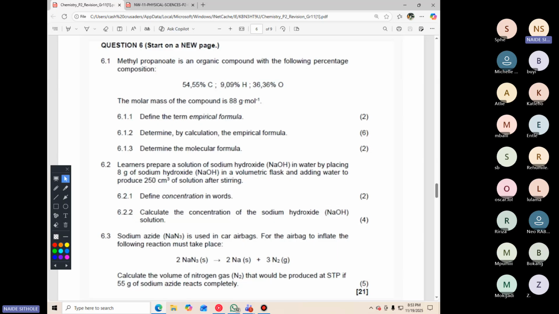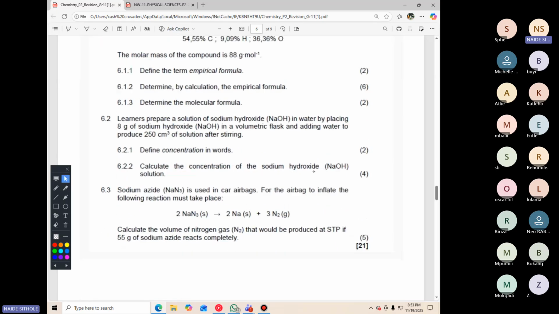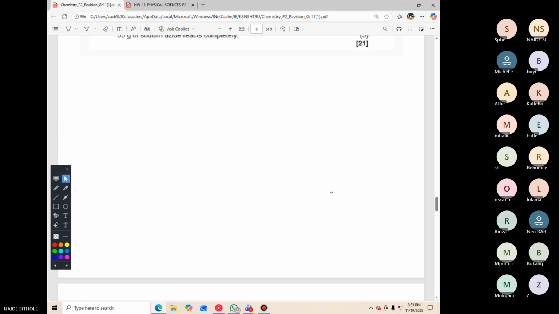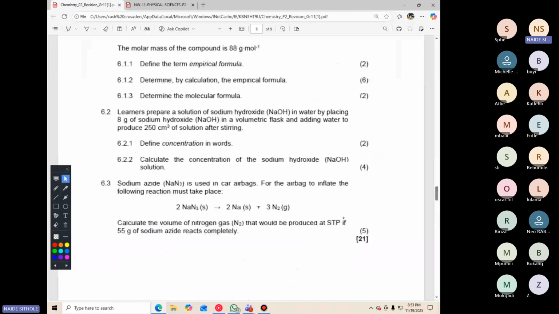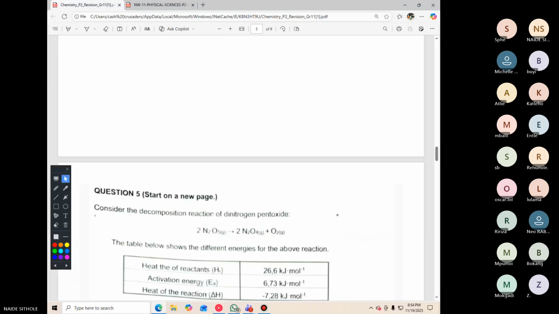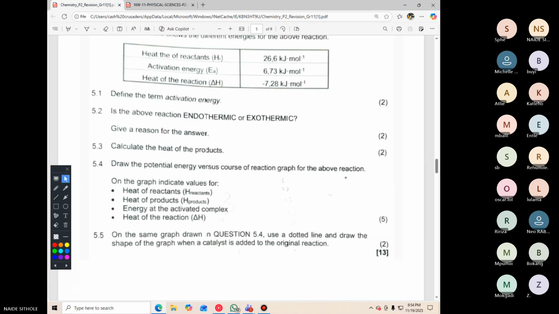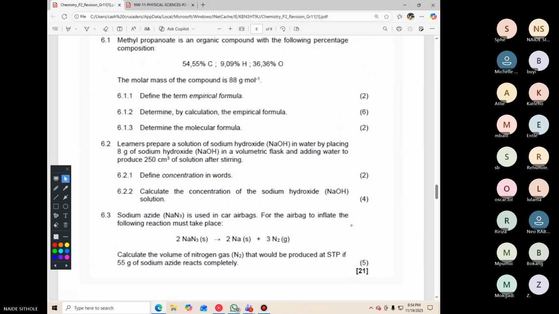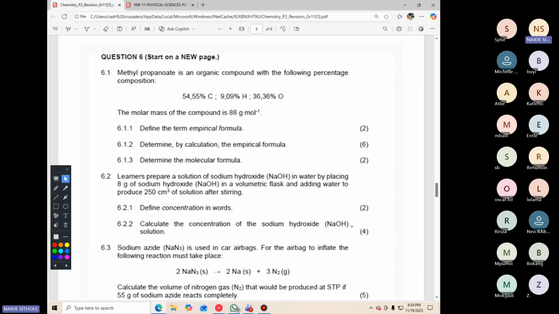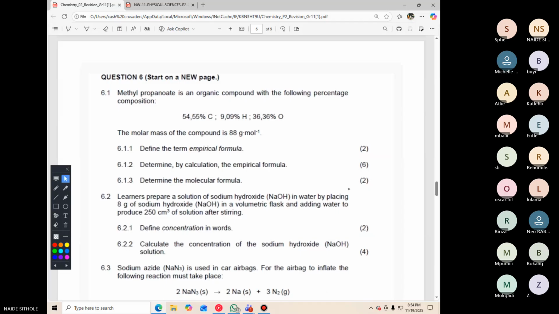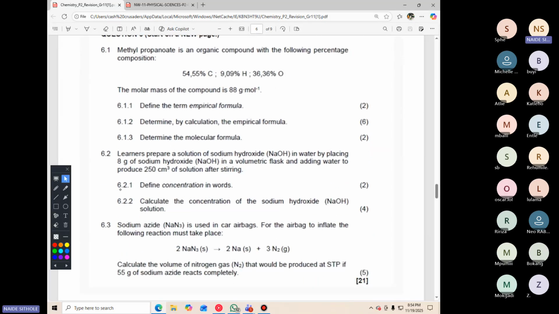Do we continue or try, guys? You still want this? Limiting reagents and all that. Should I remind you of those things? Okay, let me just assume people do it.